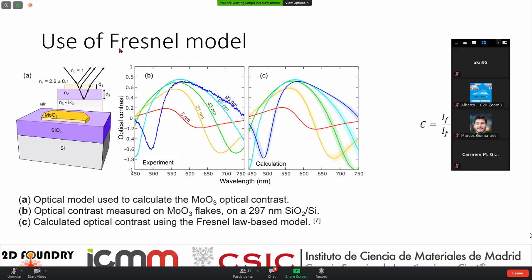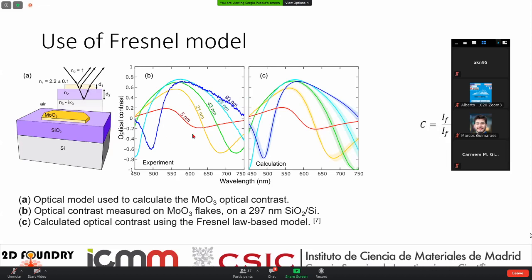But also, you can see in this image a physical model. Using a Fresnel model with a spectrometer coupled to the optical microscope, you can measure the reflectivity intensity in your system, and you can calculate the optical contrast. This optical contrast, calculated with this Fresnel model, is shown in the C image, and these are of the same flakes.